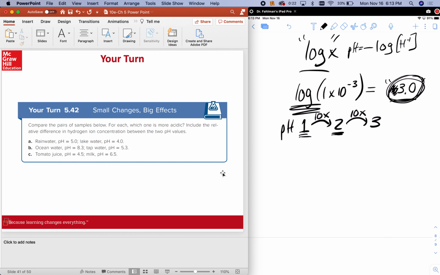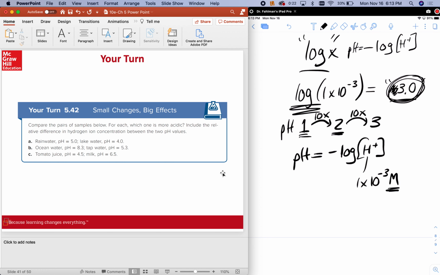All right, just a few comparisons here. What's really easy is if you have a number like 1 times 10 to the minus 3. These are all concentrations, so they're in moles per liter.